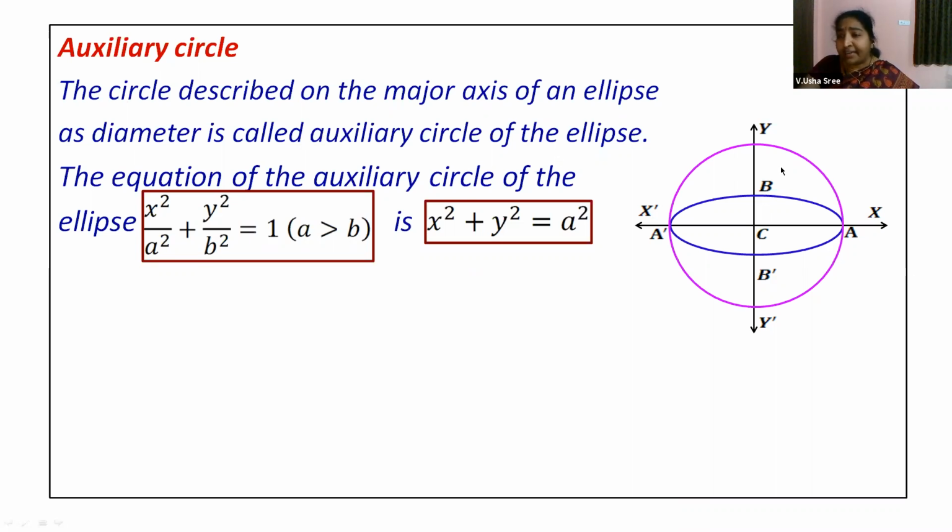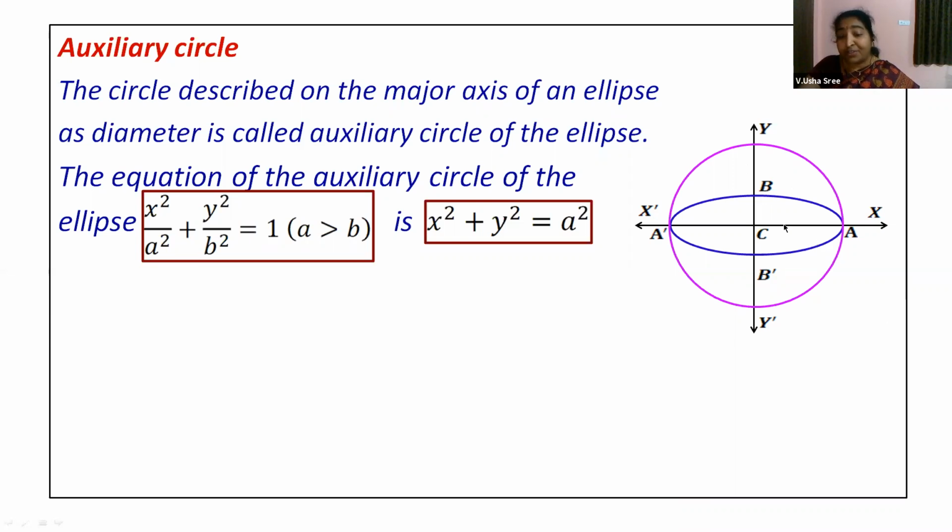So when we take a tangent to this ellipse and drop a perpendicular from the foci to the tangent, you are joining the locus of feet of the perpendiculars.